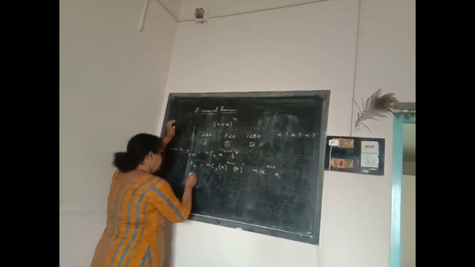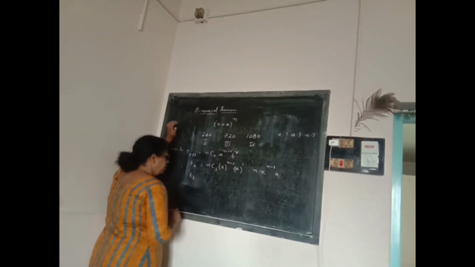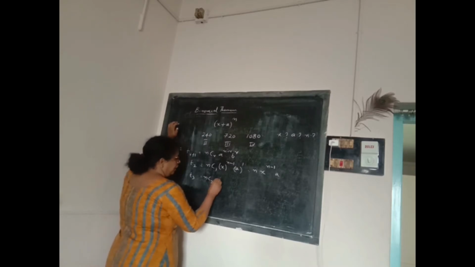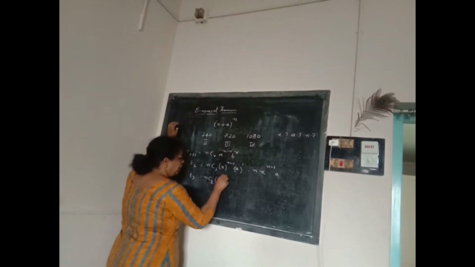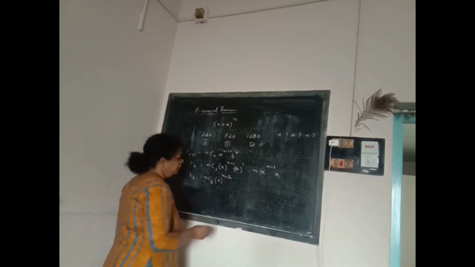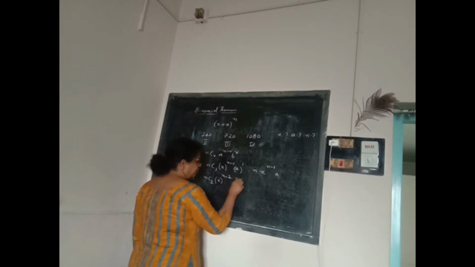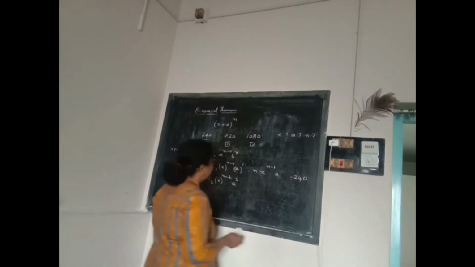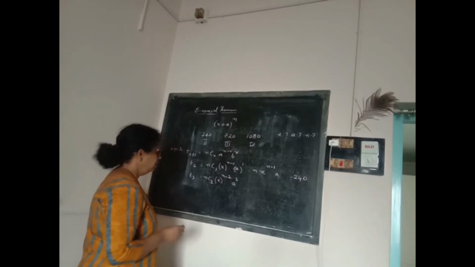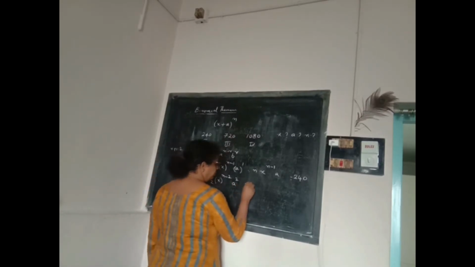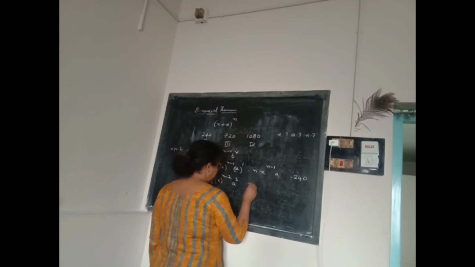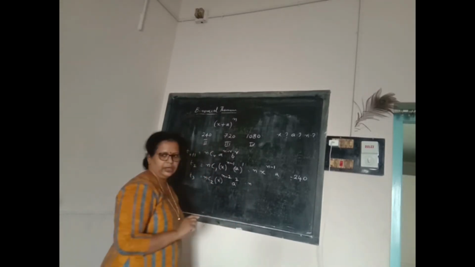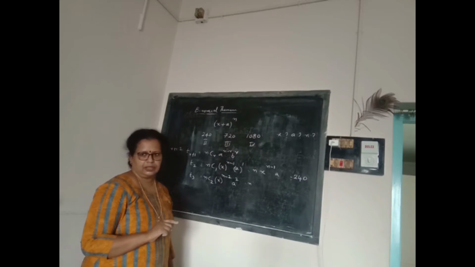Now the third term. Third term means r equal to 2. So it is nC2 x raised to n minus 2 then a squared. This is given as 240. nC2 means n into n factorial by 2 factorial by n minus 2 factorial, and n minus 2 factorial will cancel.